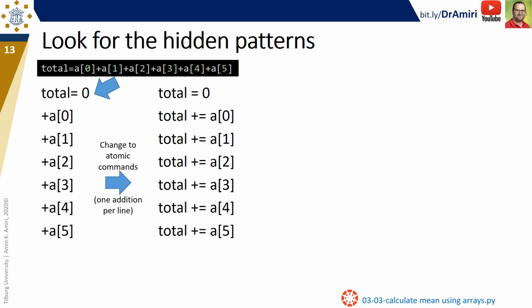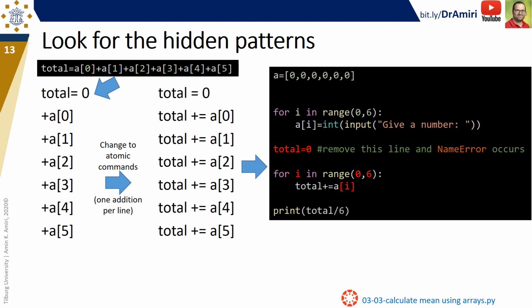So you start with total equal to 0, then you would say total plus equal A0, and all the way to total plus equal A5. So this is exactly the same as the expression with the black background. Now it's easier to find a pattern. You can see that total equal to 0 is not part of the pattern, so you just put it there.